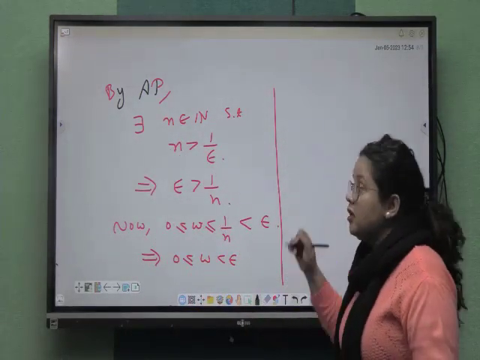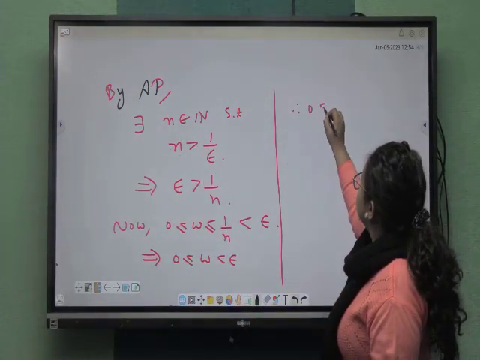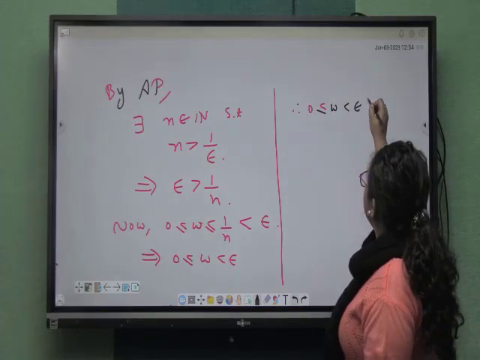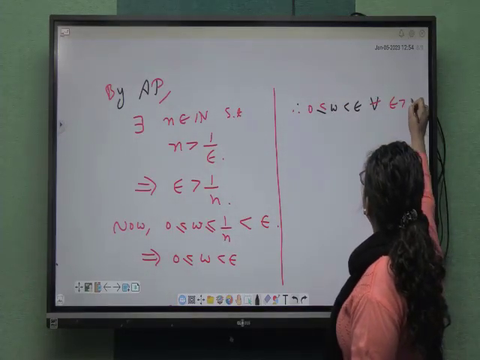So what we have is that 0 is less than or equal to W is less than epsilon for all positive epsilon.